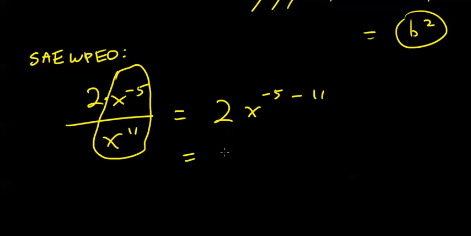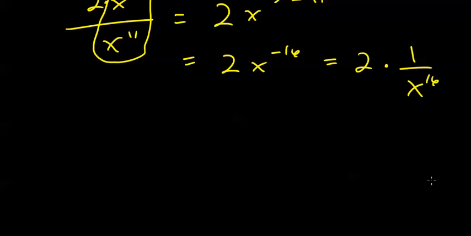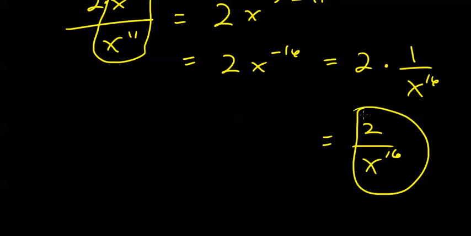And if I subtract those exponents as indicated, I'll get 2x to the minus 16th. But of course, if I want to simplify and express with positive exponents only, x to the minus 16th is 1 over x to the positive 16th by Rule 6. And I suppose in simplest possible form, I would write my answer as 2 over x to the 16th power.